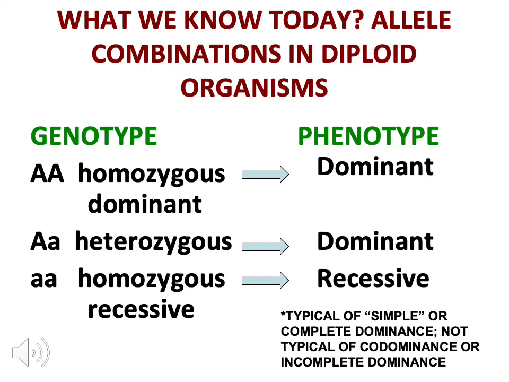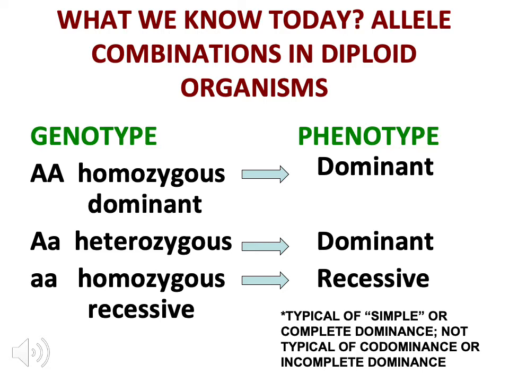So here I see there are three basic possible combinations. If you only have space for two, either you'll get two dominants, two recessives, or a dominant and a recessive.